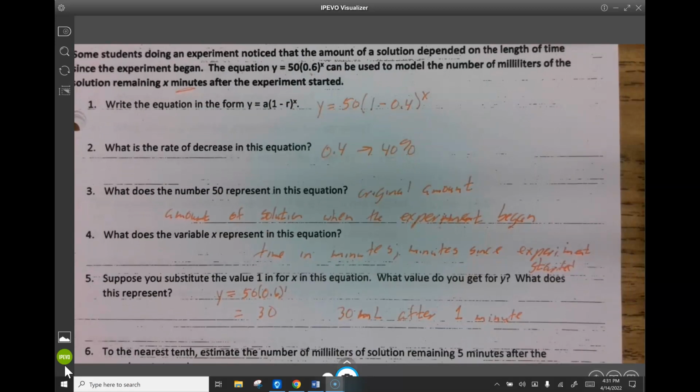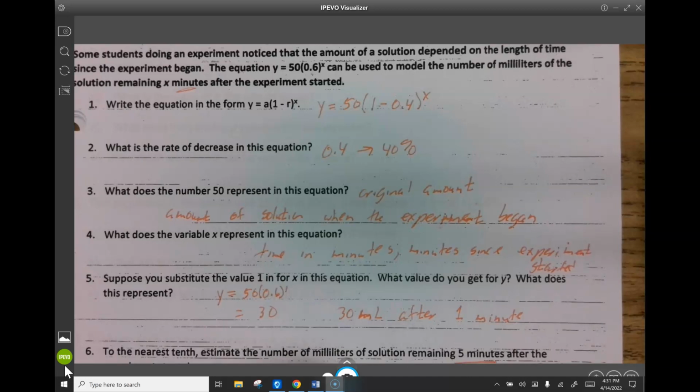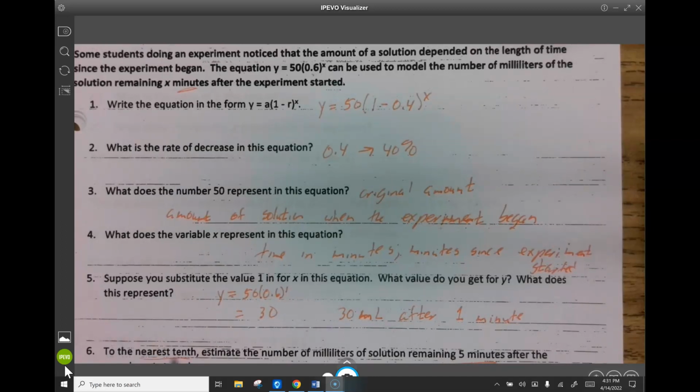To the nearest tenth, estimate the number of milliliters of solution after 5 minutes. So, Y equals 50 times 0.6 to the fifth. Go. And does it say to round to the nearest tenth?